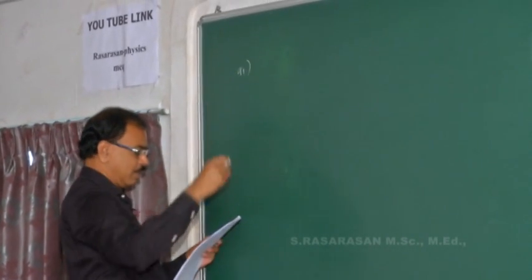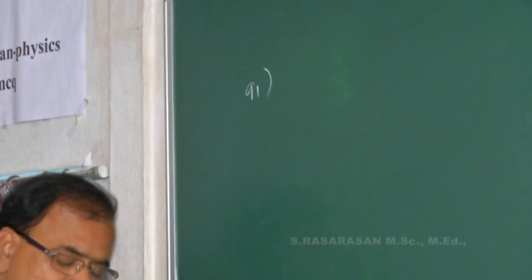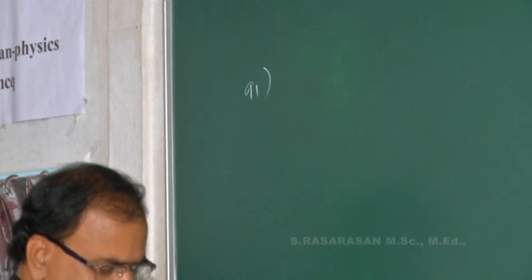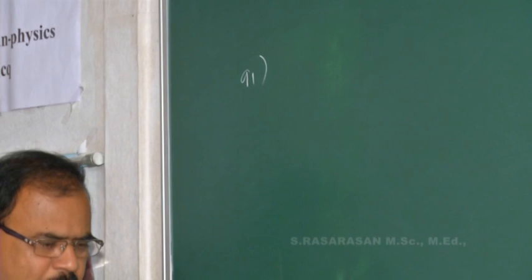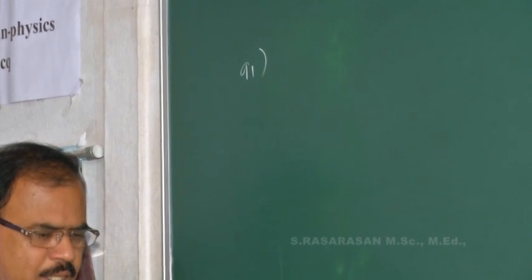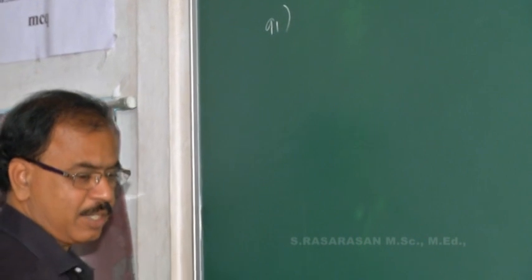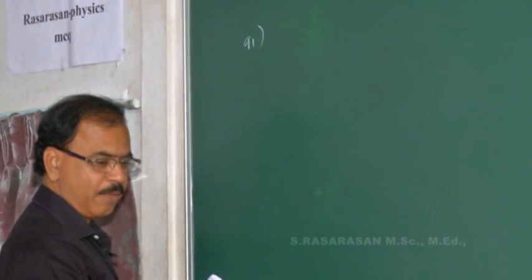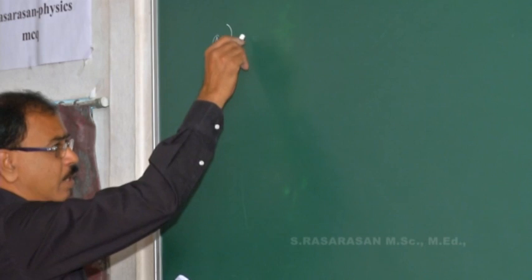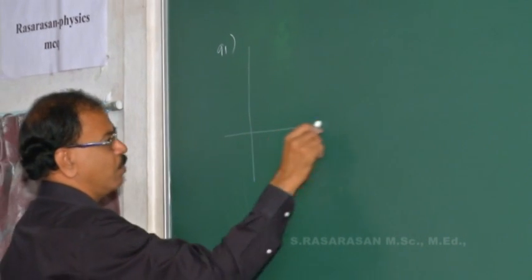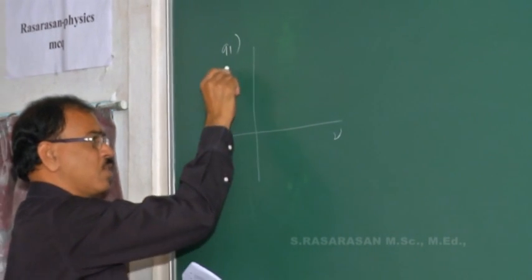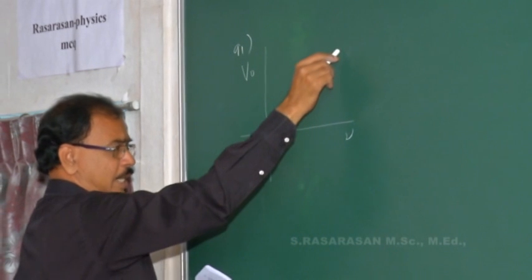Question 91. Recall the graph between the stopping potential, which is directly proportional to the kinetic energy of the electron, and the frequency. If you plot the graph between the frequency and stopping potential, a straight line is obtained.